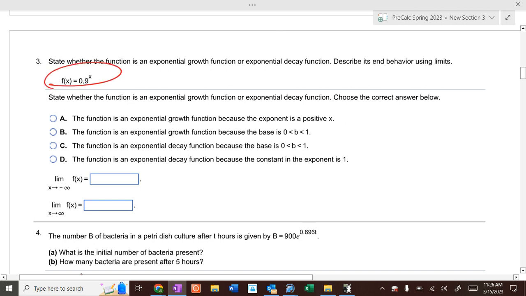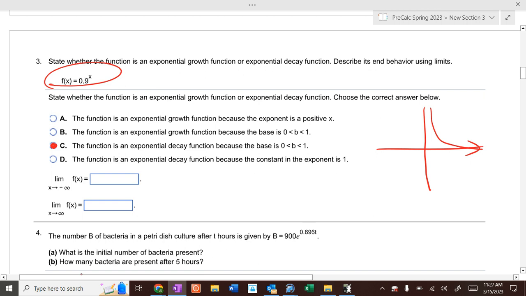Is this an exponential growth or exponential decay problem? Decay because it's in between 0 and 1. Okay? So if it's an exponential decay problem, it's basically going down like this, right? Okay?